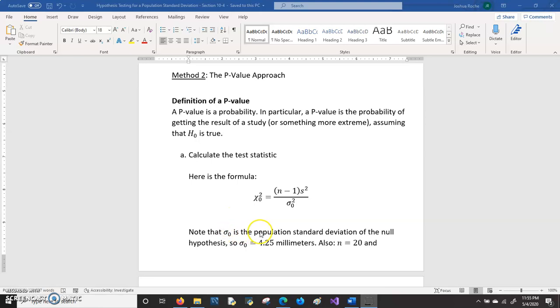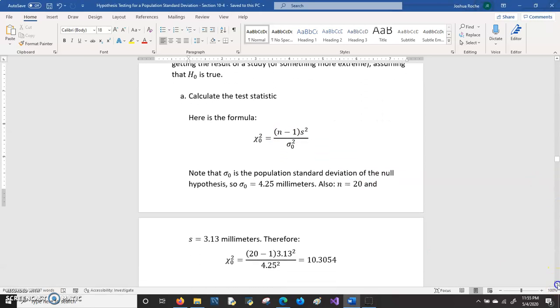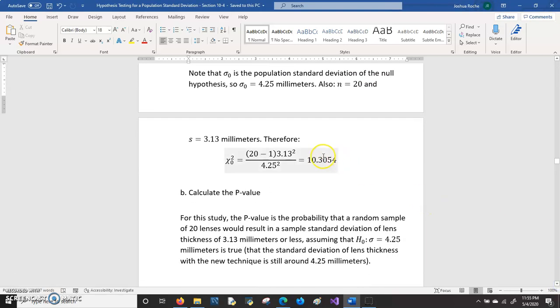We would put in the values for the null hypothesis standard deviation, the sample standard deviation, and the sample size. Put in all of those values. We would get 10.3054.